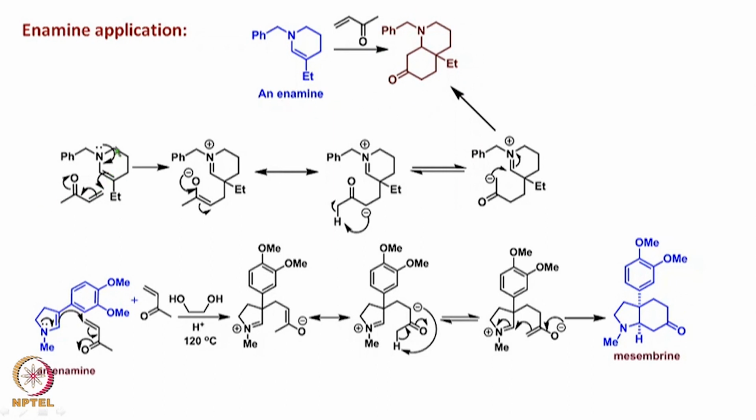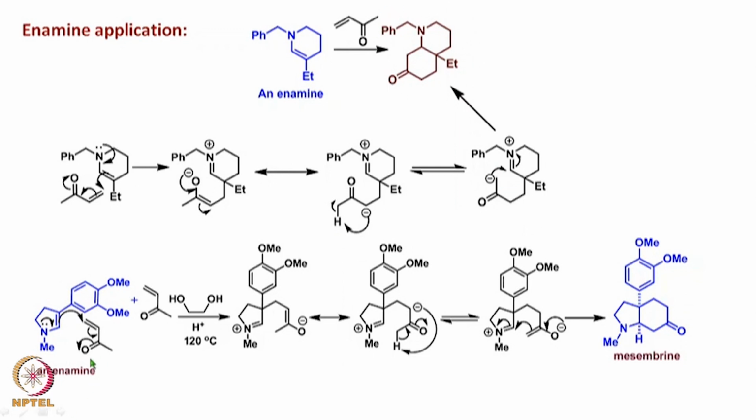This enamine reacts with the methyl vinyl ketone in Michael addition fashion to form this particular enolate, which is in resonance with the corresponding carbanion like this. This carbanion then picks up a proton from the other side of the carbonyl group and generates the anion here, and this anion then undergoes cyclization to form the bicyclic product.